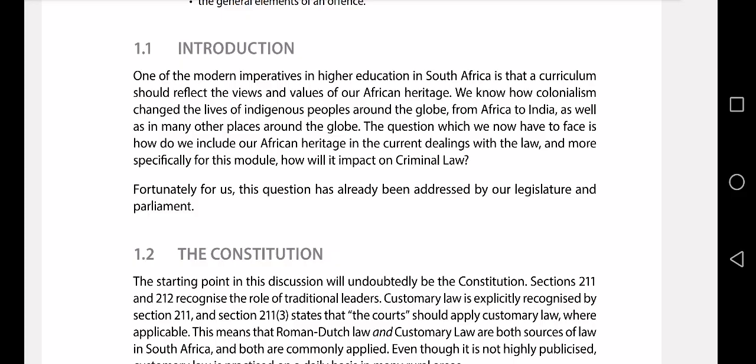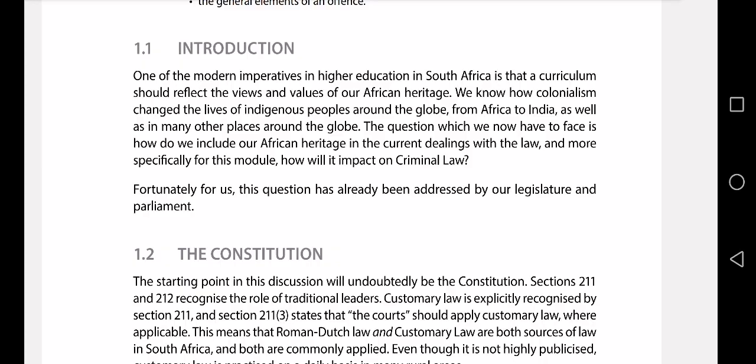Introduction. One of the most important imperatives in higher education in South Africa is that the curriculum should reflect the views and values of our African heritage. We know how colonialism changed the lives of indigenous people around the globe, from Africa to India, as well as in many other places.